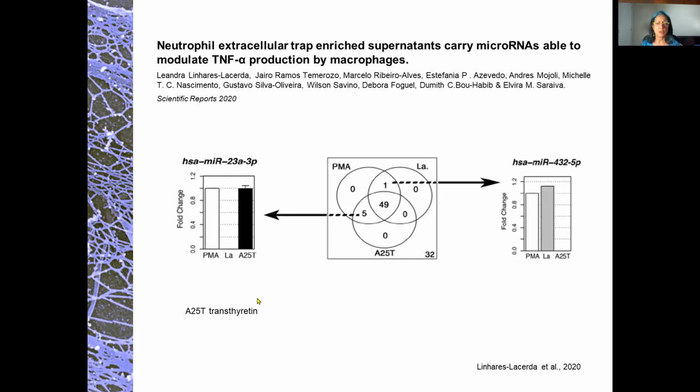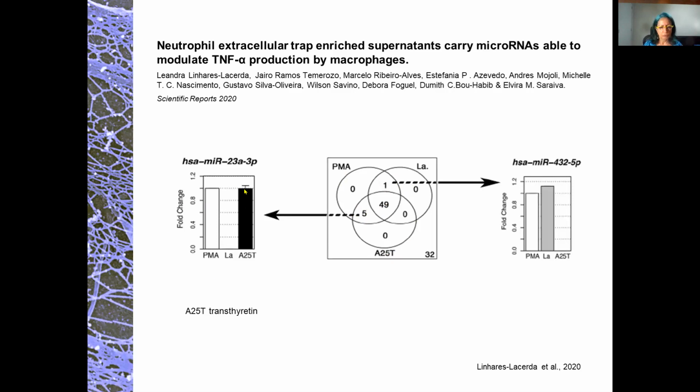And we observe that there are some microRNAs that are shared by all the NETs stimulated by these different stimuli, some others that are shared by 2 stimuli, some others that are just shared by the other 2.